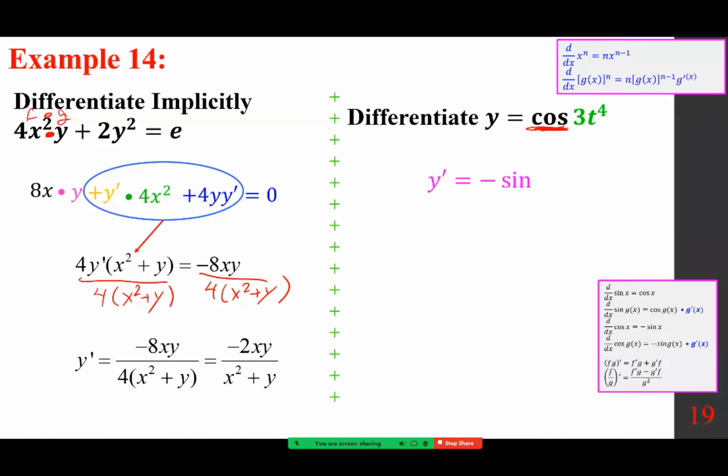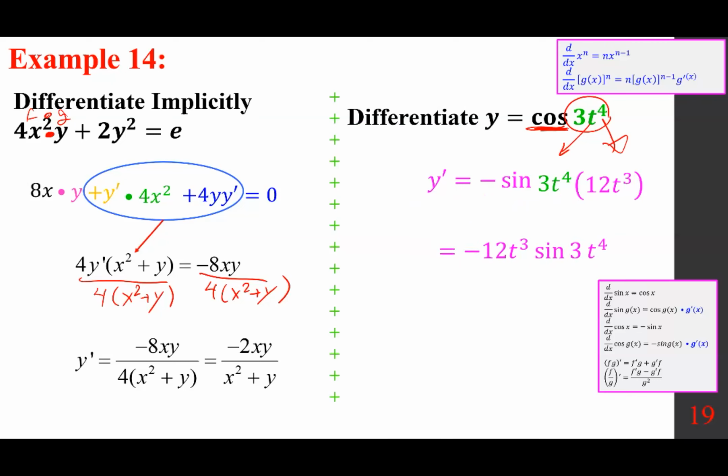Now, first of all, I need the argument, 3t to the power of 4. And secondly, I need its derivative, which is 12t cubed. And I'm done. I just rewrite it. If you go this route, you don't have to keep on writing d dx of this, d dt of that. And you can easily see the answer.